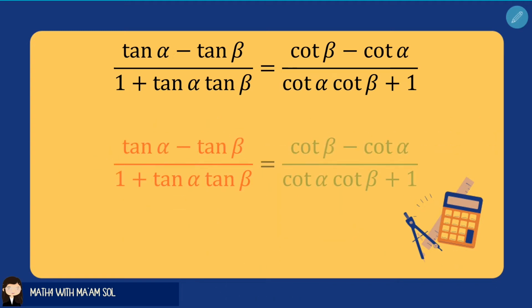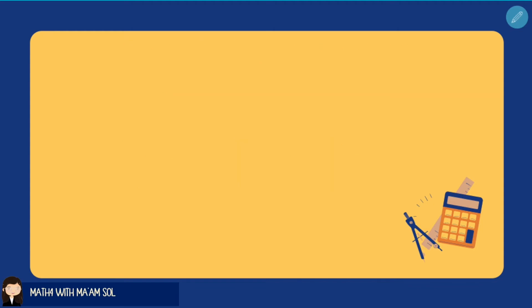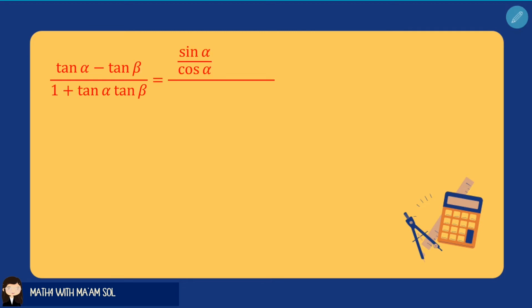So how do we do that? In our equation, for easier reference, we're going to color the left-hand side red and the right-hand side green. Then we'll proceed to manipulate them individually, the left first, then the right. So let's start with the left. The expression at the left-hand side is tangent alpha minus tangent beta all over 1 plus tangent alpha times tangent beta.